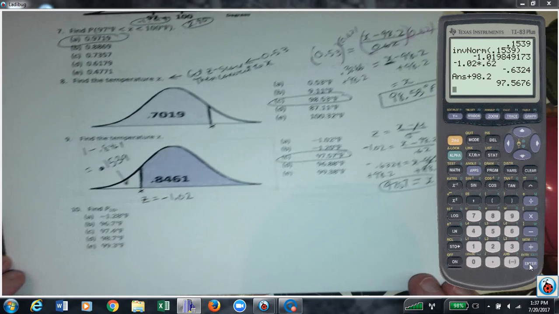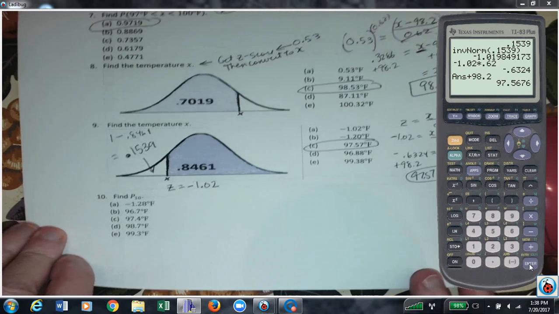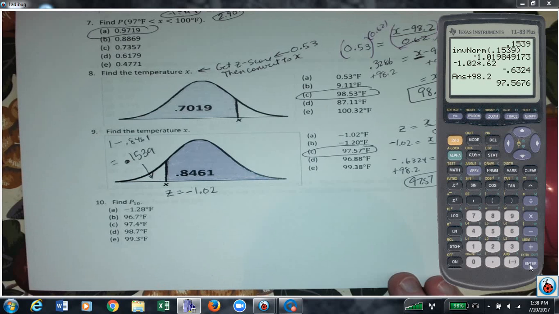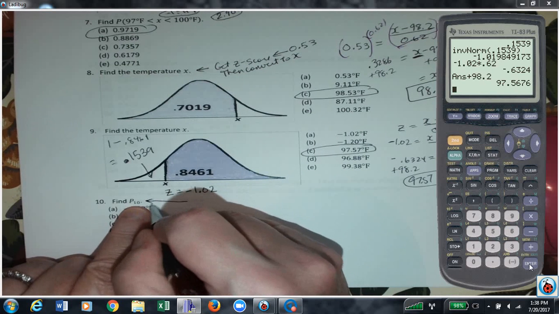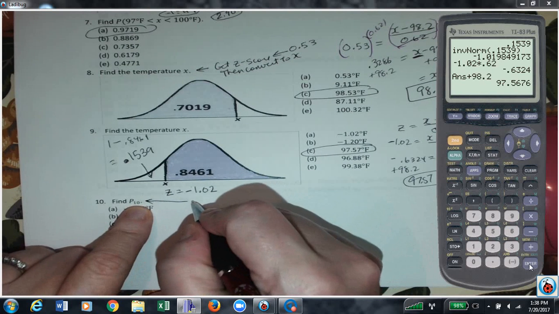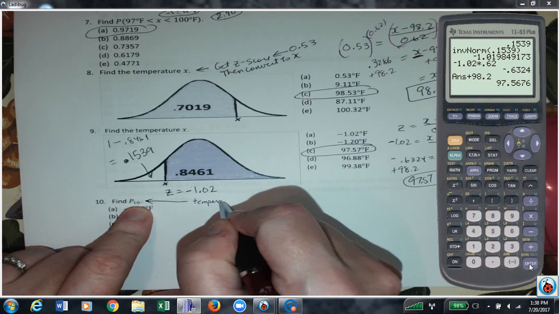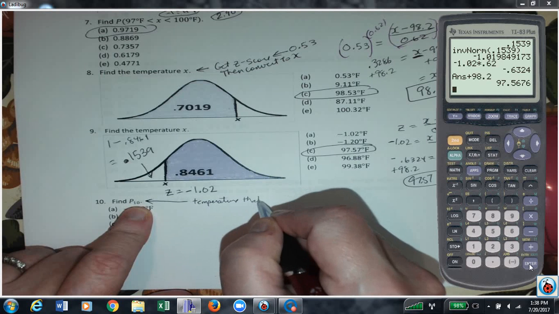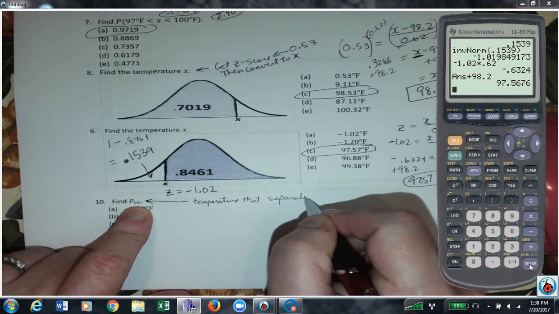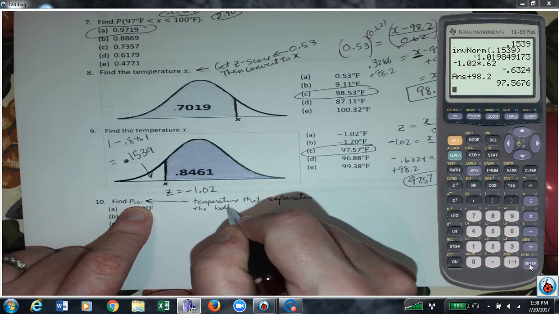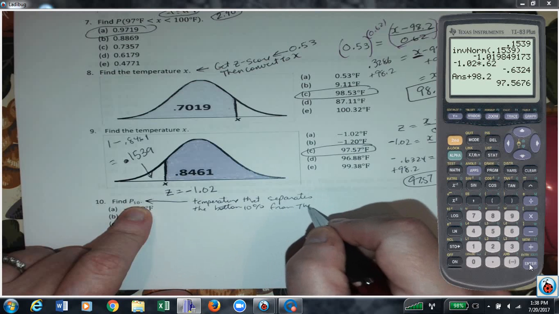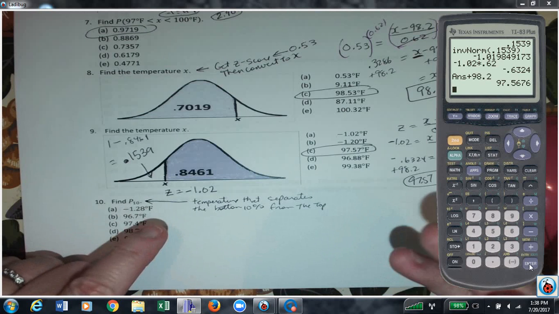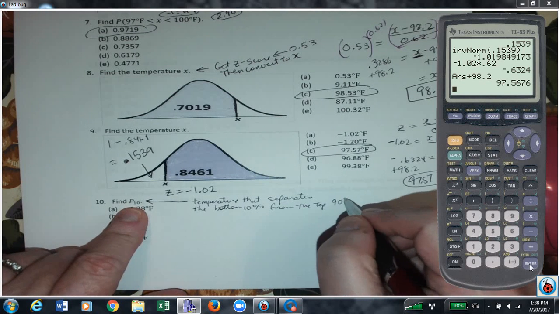Okay. Find the 10th percentile. So what is that? Well, that is going to be the temperature that separates the bottom 10% from the top, 100 minus 10%, so the top 90%.